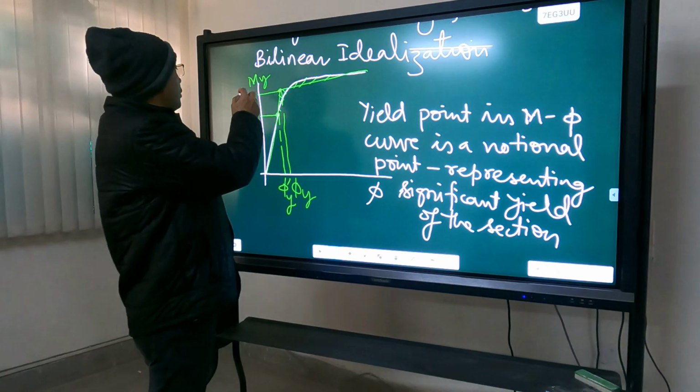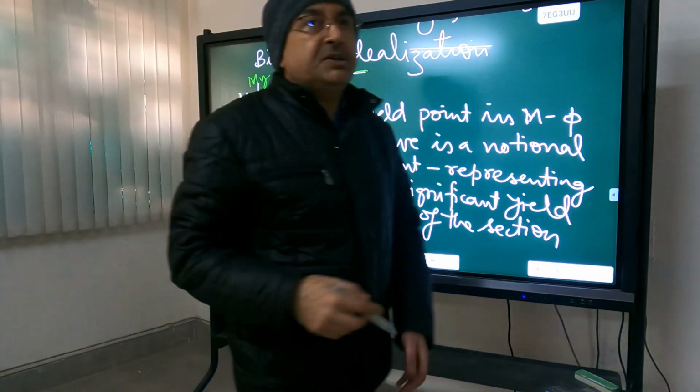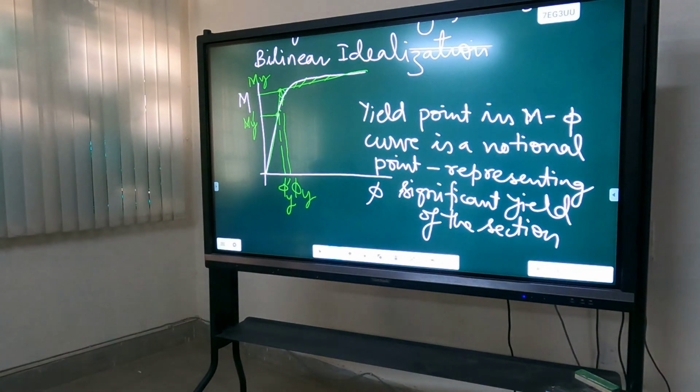And you can see this M_y will be close to M_p, but it is not equal to M_p. It will be slightly less than M_p. You can take it close to M_p.